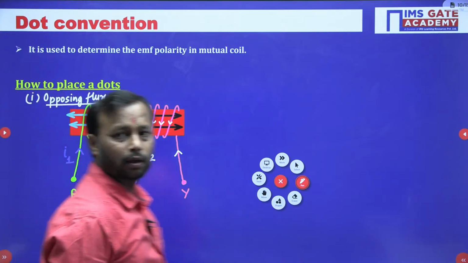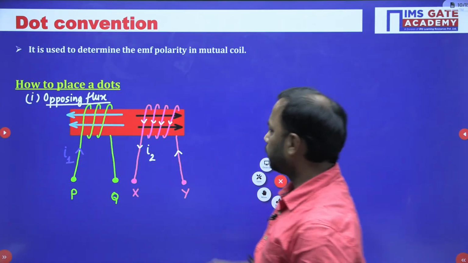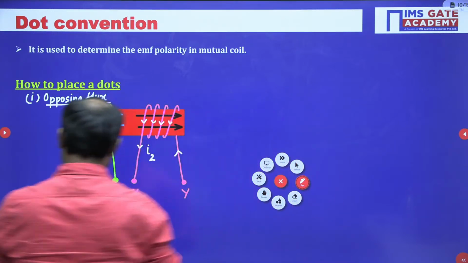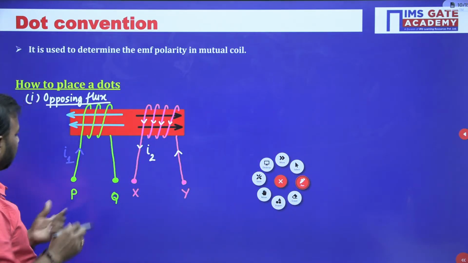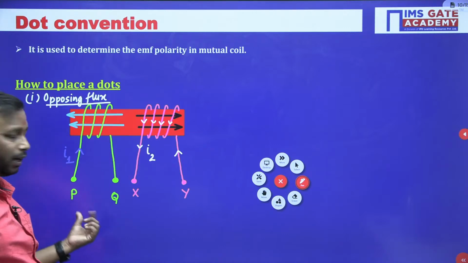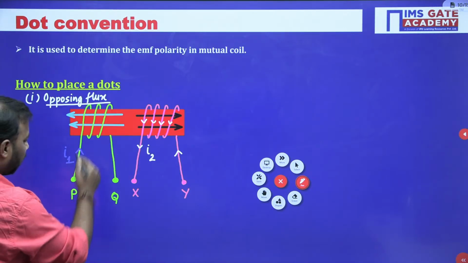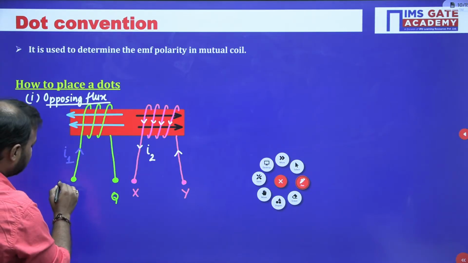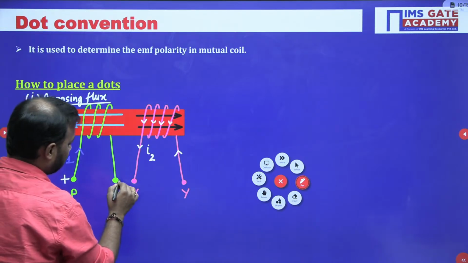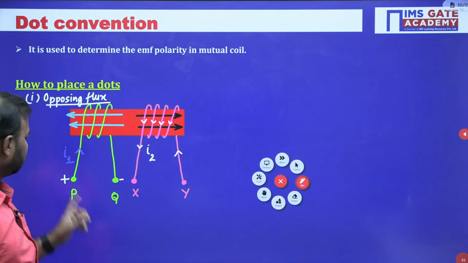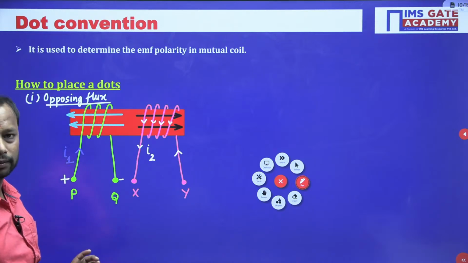Opposing flux. Okay. Now see, since this is given to me, definitely I know the polarity of P and Q. यहाँ पे देखो करंट यहाँ से डिलीवर हो रहा है ना, so this is plus and this is minus. Done.